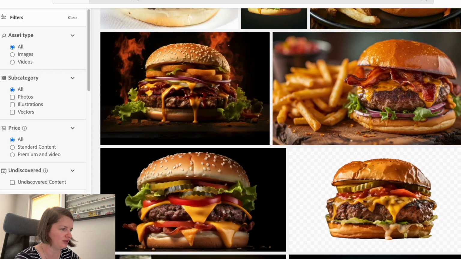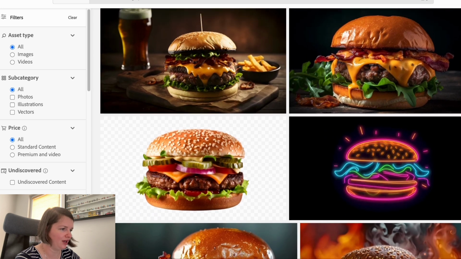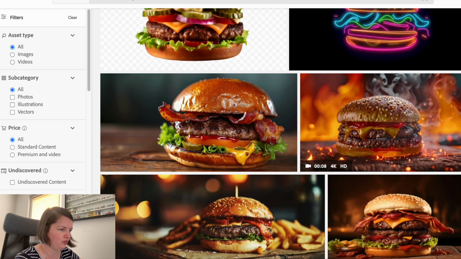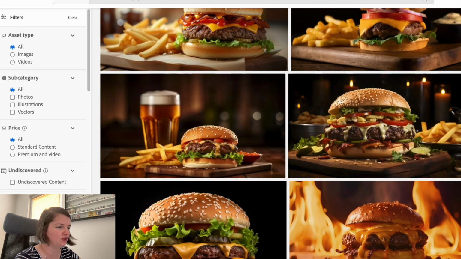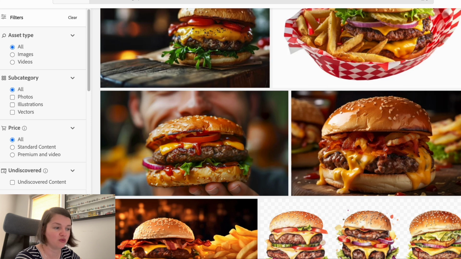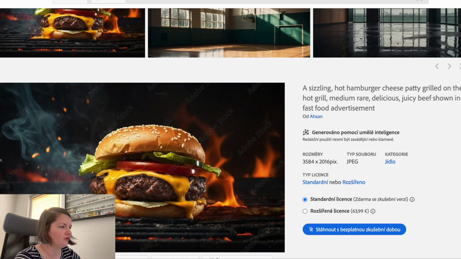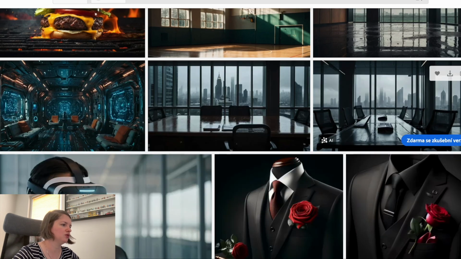But you can see that the competition is big, and those images look pretty good. So it's hard to compete with it. So if you want to generate food photos, you should again do the research.